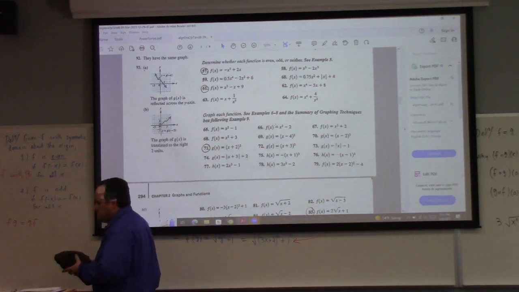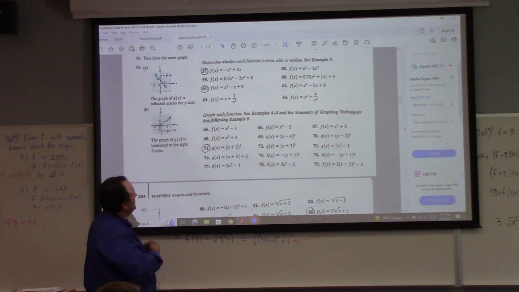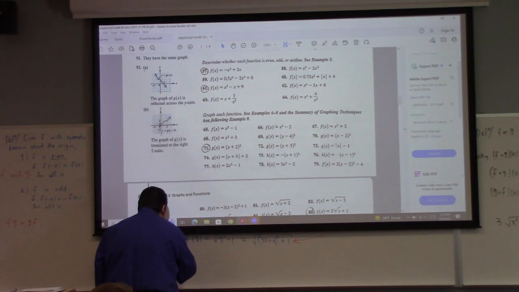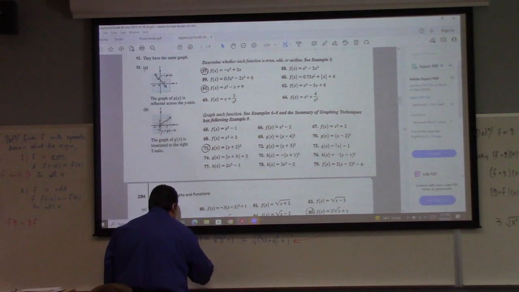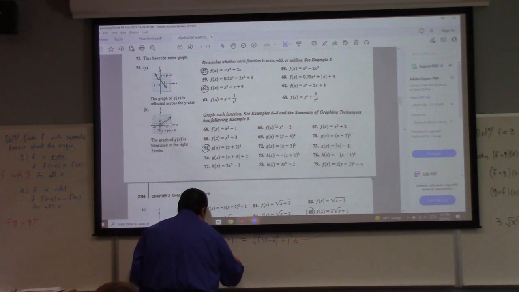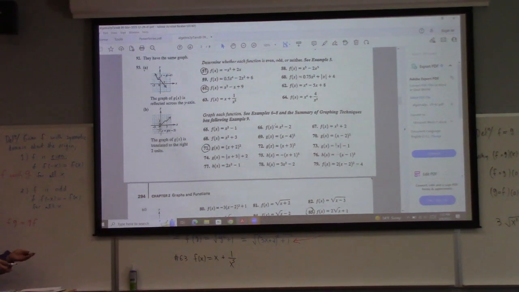I'll leave those for you guys to work. Let me try out 63. So number 63, let's decide if this function, we've got f of x is equal to x plus 1 over x to the 5th, right? And the question is, is this function even or odd? Odd?